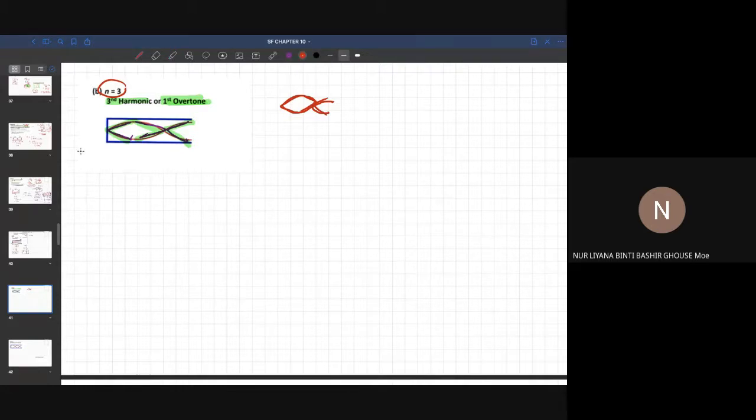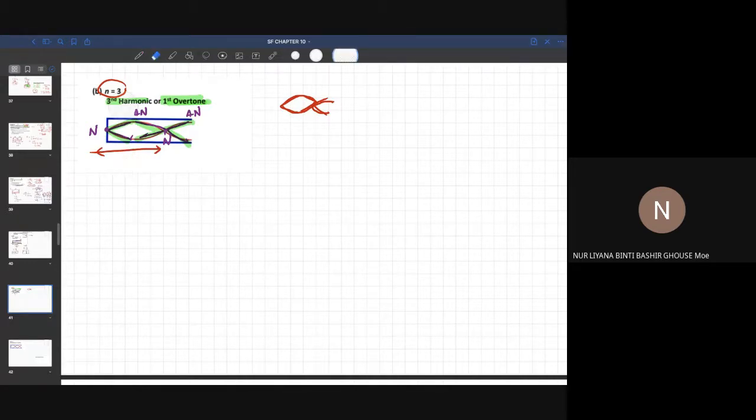Okay, lepas tu kita labelkan dulu our nodes and our anti-nodes. So kat sini adalah node, kat sini adalah anti-node, kat sini adalah node, kat sini adalah anti-node. Once we have done that, next kita check untuk lambda. Daripada node sampai ke node adalah lambda over 2.